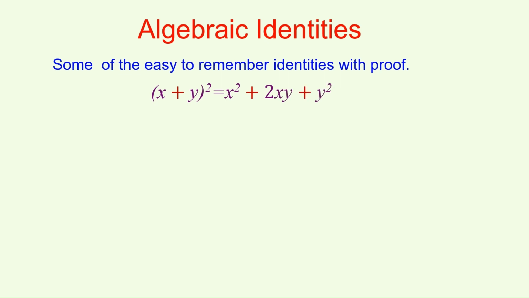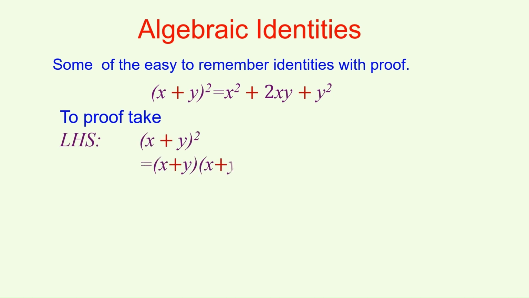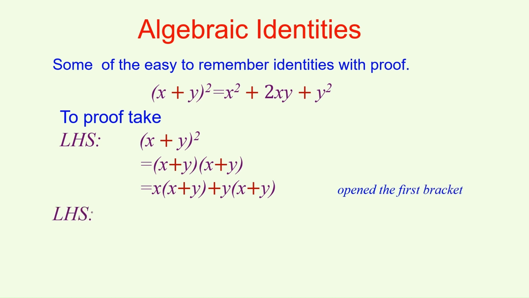X plus y a whole squared equals x squared plus 2xy plus y squared. To prove, let's take the left-hand side, x plus y squared, equals x plus y times x plus y, equals x times x plus y plus y times x plus y after opening the first bracket.